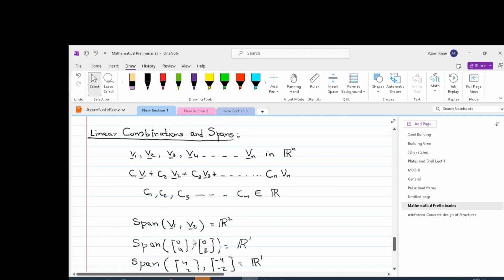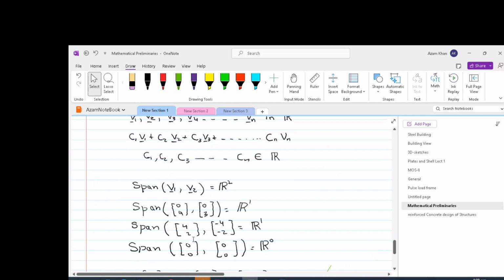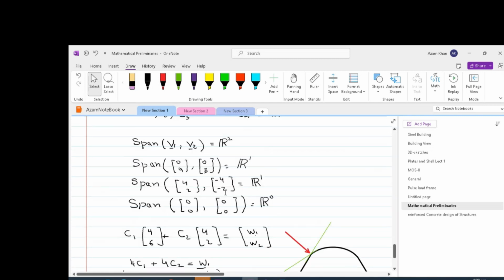So based on that, we can say that the vectors v1 and v2 having components 4, 2 and -4, -2 are in R1 space. So the span of these two vectors is in R1 space. Similarly, if both the vectors are 0, 0, then our span is equal to R0.